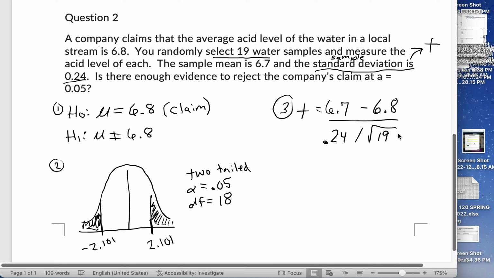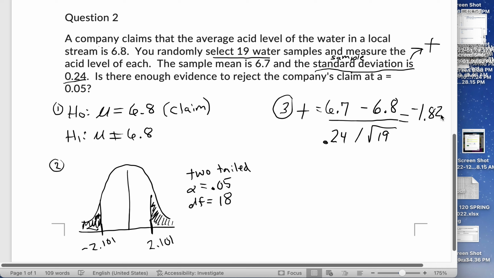Put a parenthesis around the top and a parenthesis around the bottom. I get negative 1.82. I always type it in my calculator twice to be sure that I haven't made a mistake somewhere. I would encourage you to do the same thing, because if you make a mistake with the number, you're going to have the wrong conclusion.